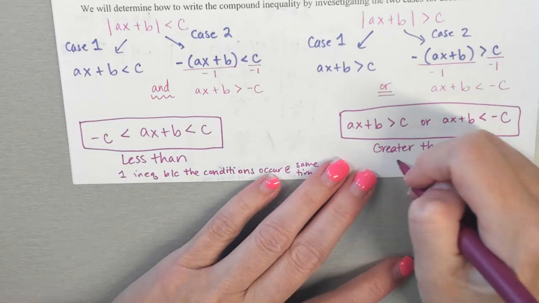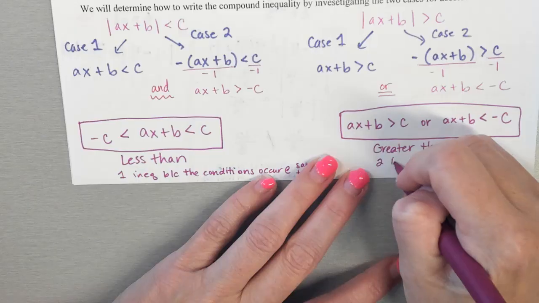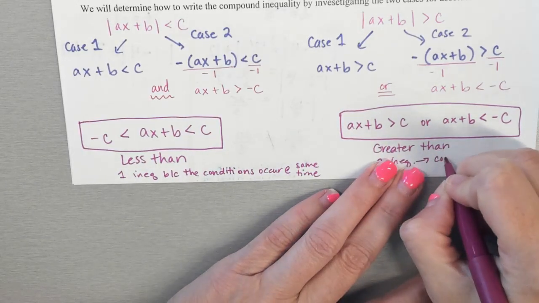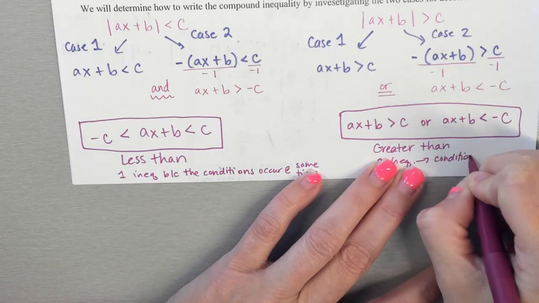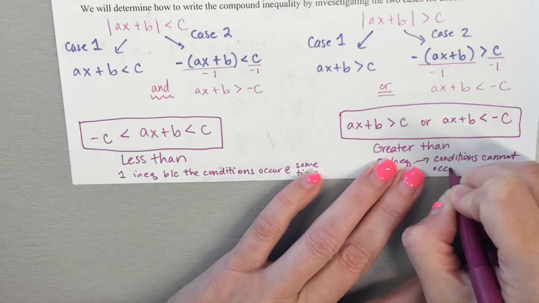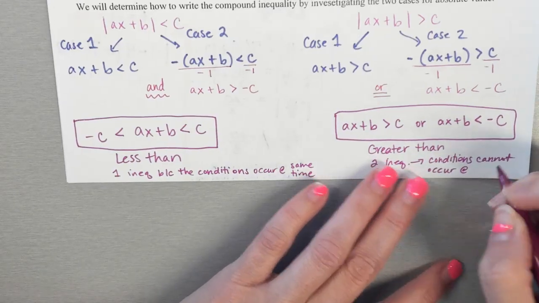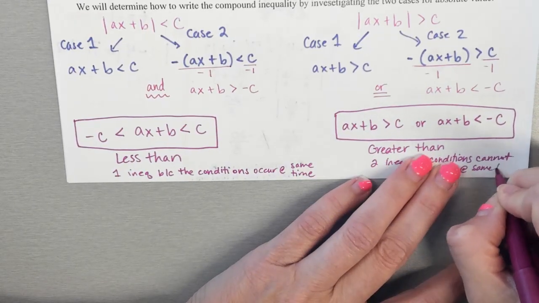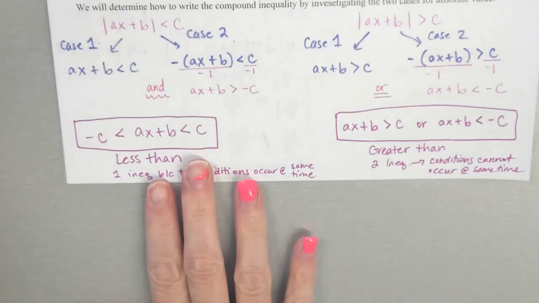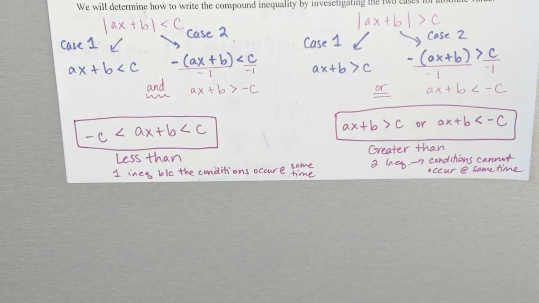So your greater than has 2 inequalities, because the conditions cannot occur at the same time. Okay, so it's an either-or situation.